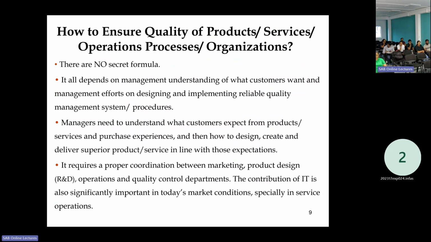All such efforts, all such activities, all such initiatives from the organization side, together we get that as quality management. Some organizations' quality management efforts are comprehensive at a very high level, whereas some organizations' quality management efforts are less or inadequate.